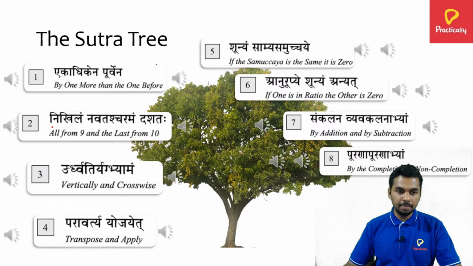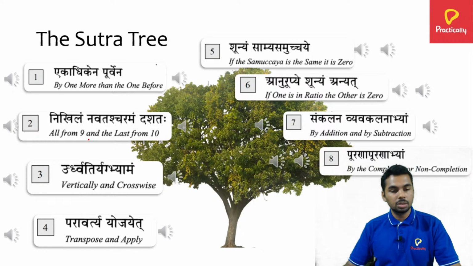The actual name for the sutra is Nikhilam Navatascharamam Dashataha. You can repeat after me. In English it is called as all from 9 and the last from 10.